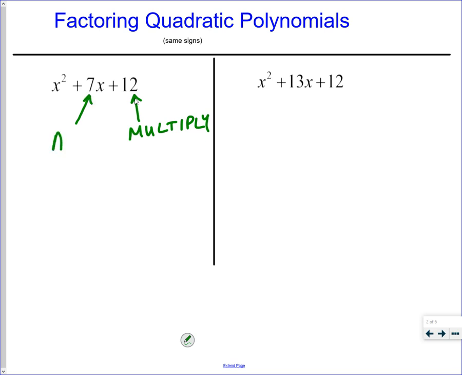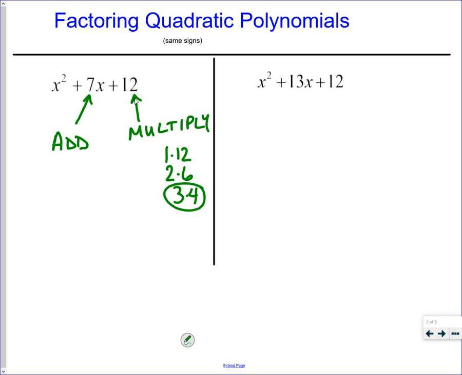They should add to be the 7 that's with the x. So think through numbers that multiply to be 12 and numbers from that list that would also add to be 7. I have a feeling some of you already know this. If you don't, you can certainly make a list of numbers that multiply to be 12. That'd be 1 times 12 and 2 times 6 and 3 times 4. Now from that list, the only pair of numbers that would add to be 7 would be this.